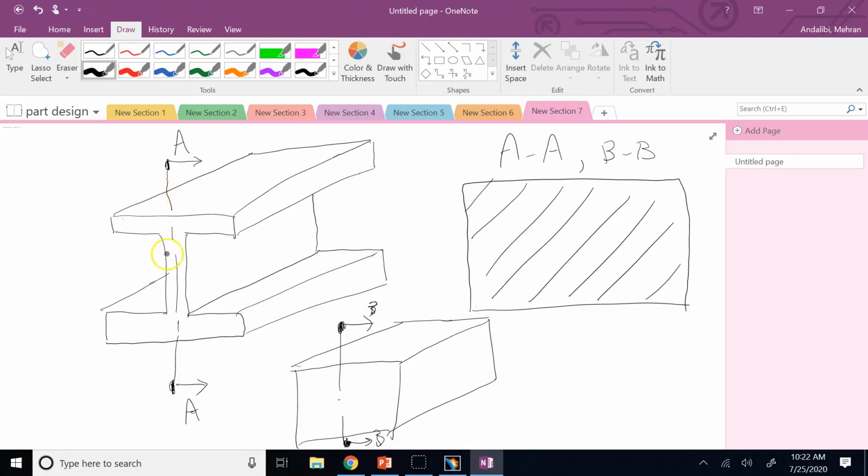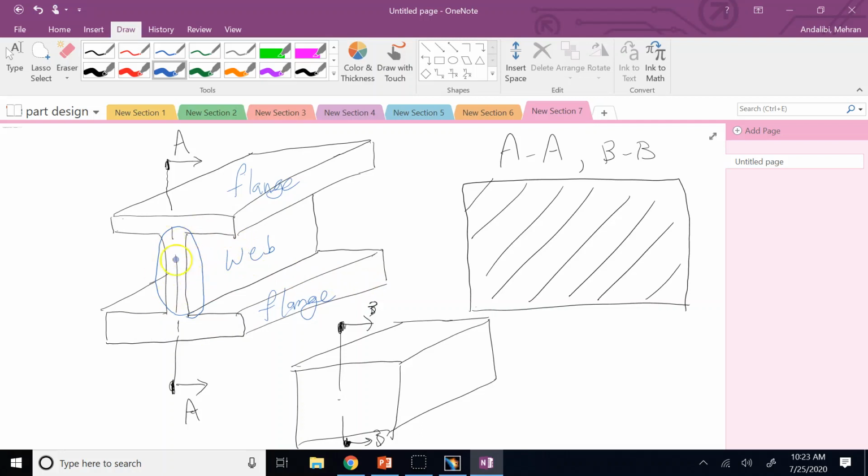So if you basically cut a rib or a web here, this part of this beam we call web. This portion that connects them together, this thin feature. So this guy is called a web, and this top part and bottom part we call them flange. So flange, when we cut, since it's not a thin feature, we hatch it.